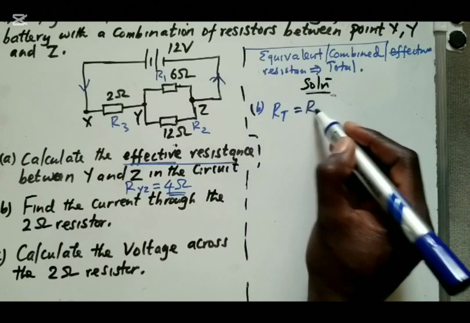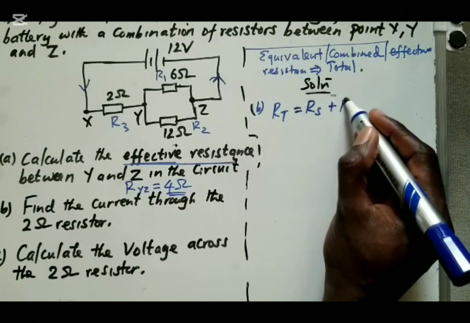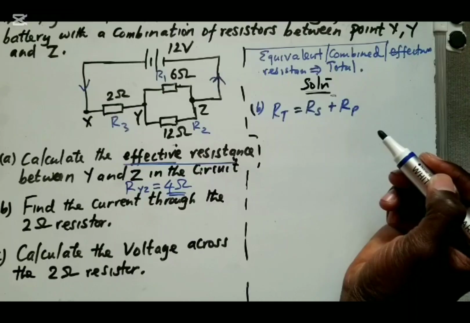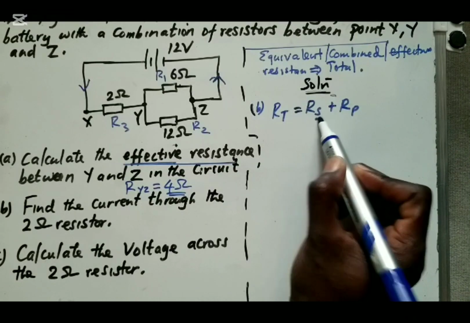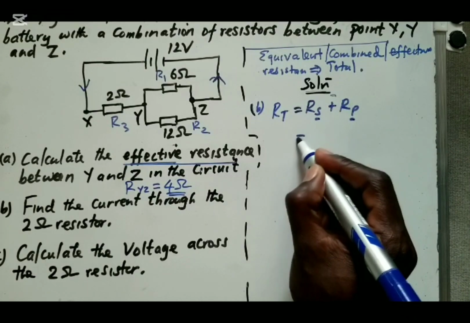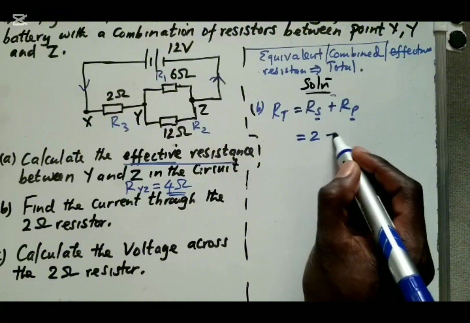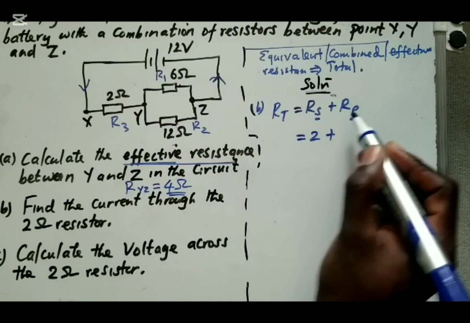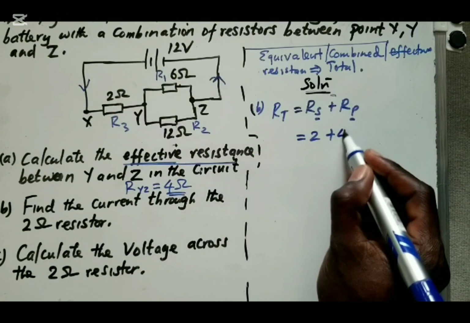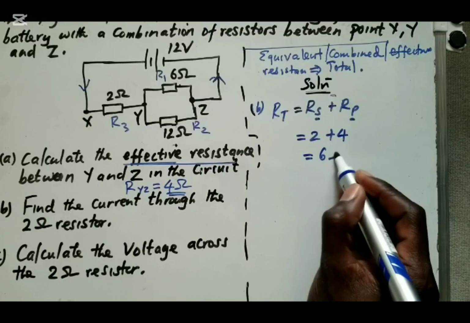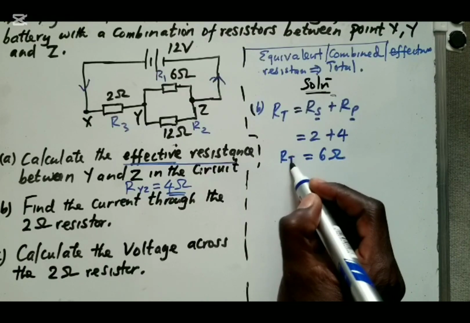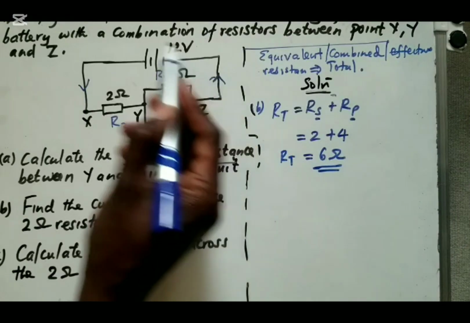It will be the resistor in series plus the resistor that was in parallel. The resistor in series was 2, plus the resistor in parallel, which we found to be 4. That is going to give you 6 ohms, which is the total resistance in the whole circuit.